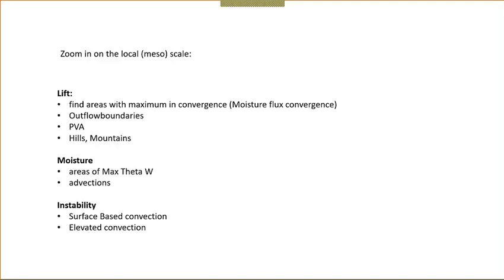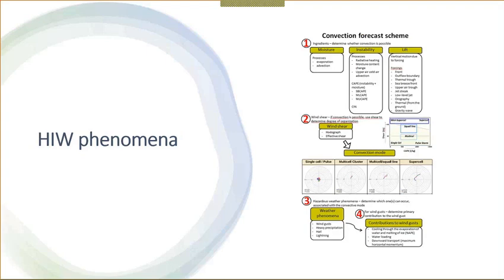In the Netherlands, in our flat country, it's for example important to also take into account the sea breeze or even the IJsselmeer breezes that can lead to some extra moisture convergence. And again, when you look at instability, you have to look at the type of soundings to start with, and then decide which type of CAPE you can choose. Is that mixed layer, surface-based, or most unstable CAPE?